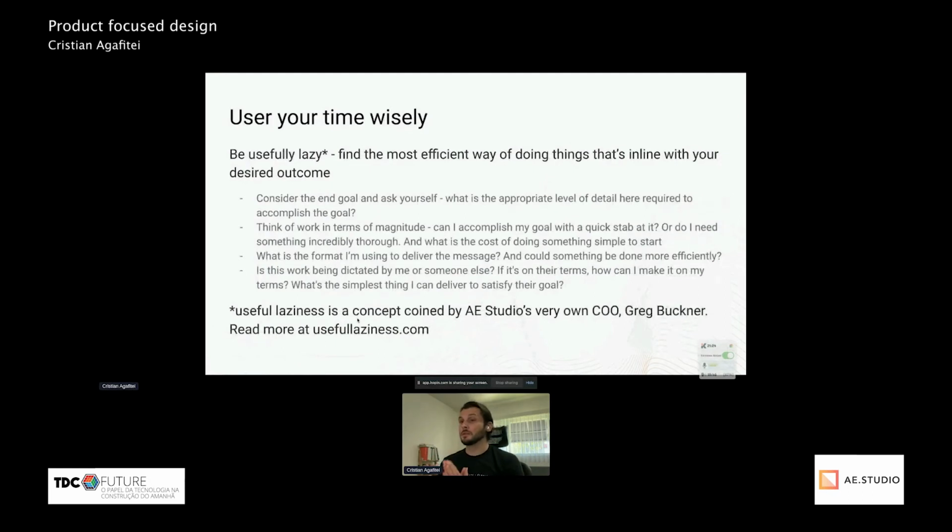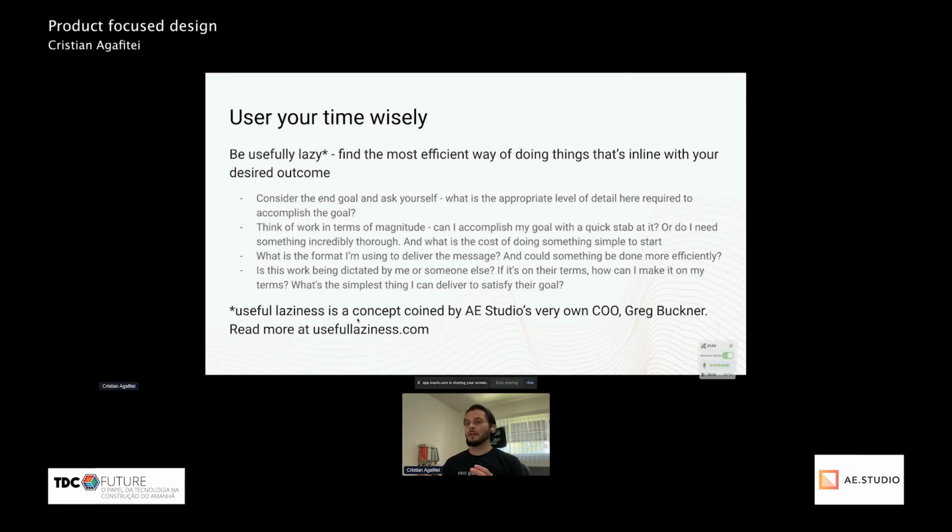It's also very important to use your time wisely and be usefully lazy. And this is actually a concept coined by AE Studios' very own COO, Greg Buckner. And you can read more about it at useful-laziness.com. But the main idea behind this is to find the most efficient way of doing things that's in line with your desired outcome.